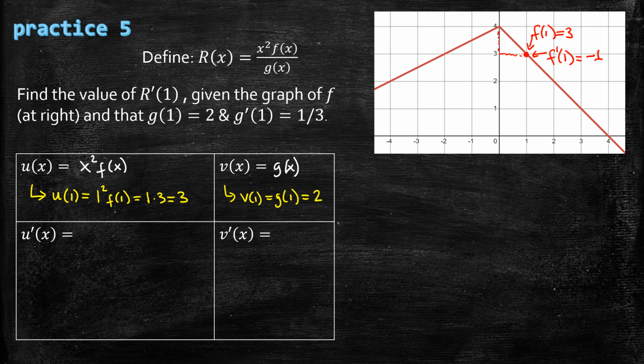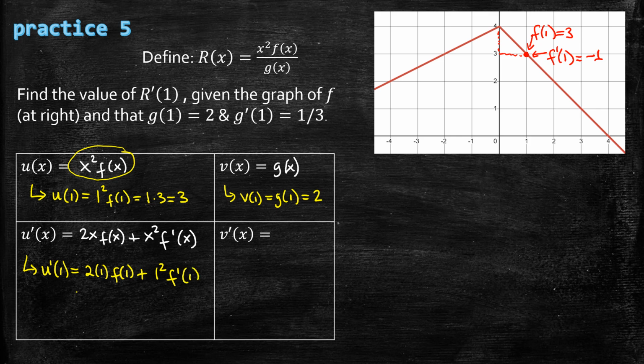So now, what about u prime of x? Well, notice here that to take the derivative of that, we're going to have to use the product rule. So the derivative of x squared is 2x times the second function, plus the first function, x squared, times the derivative of the second function. And this allows us also to find u prime of 1, which we will be using. So this would be 2 times 1 times f evaluated at 1, plus 1 squared times f prime evaluated at 1.